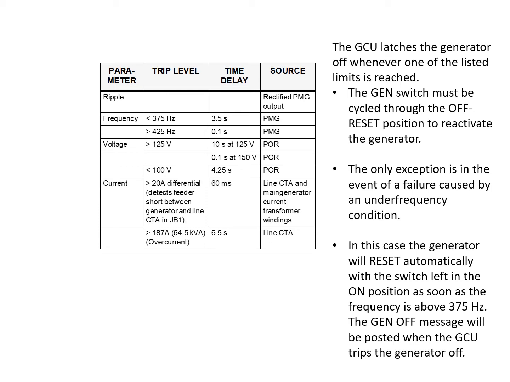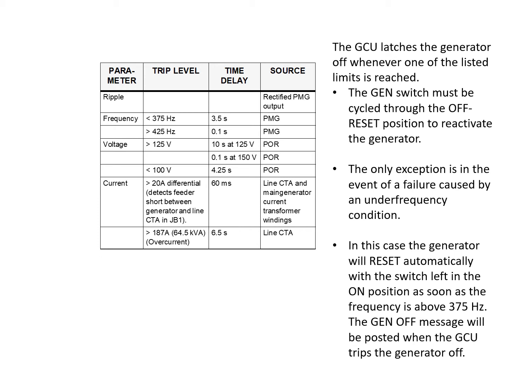When that happens, you have to switch off the generator and switch it back on again to try and reactivate the generator. The only exception to that is if there's an under-frequency situation. If there's an under-frequency situation, the generator will trip offline at the limits shown. For an under-frequency, it's below 375 Hertz for 3.5 seconds.